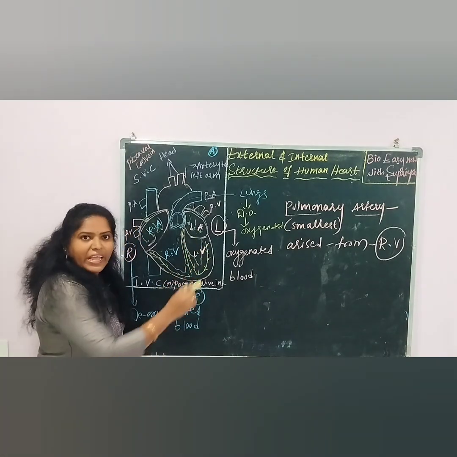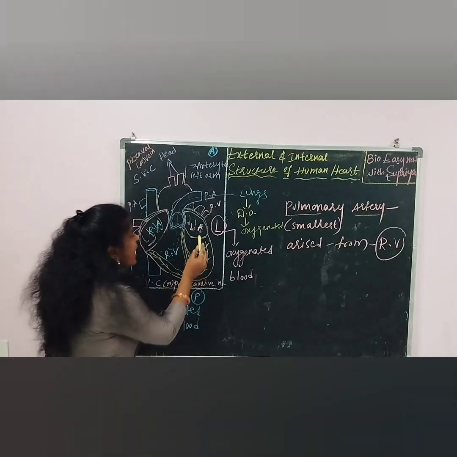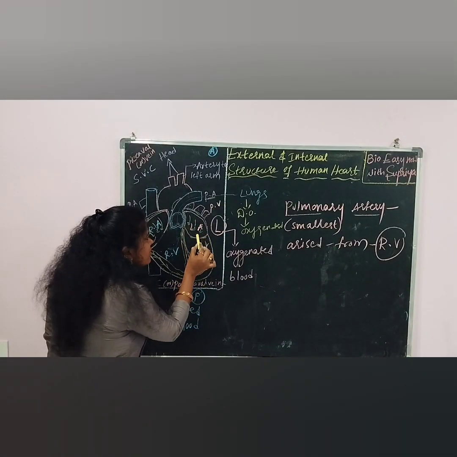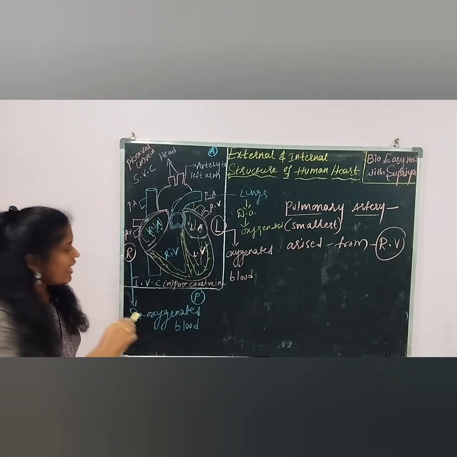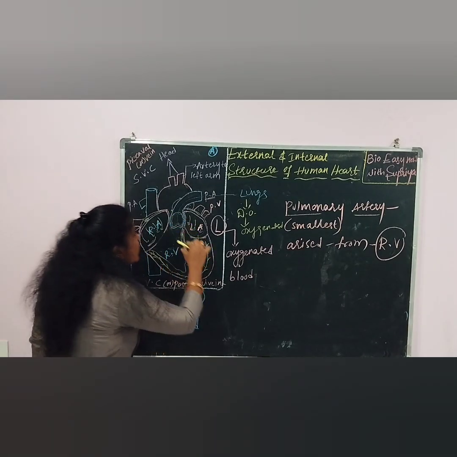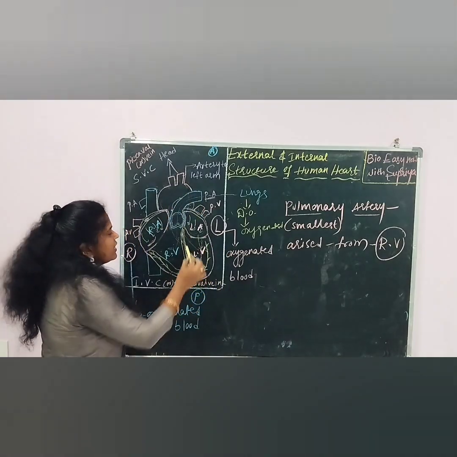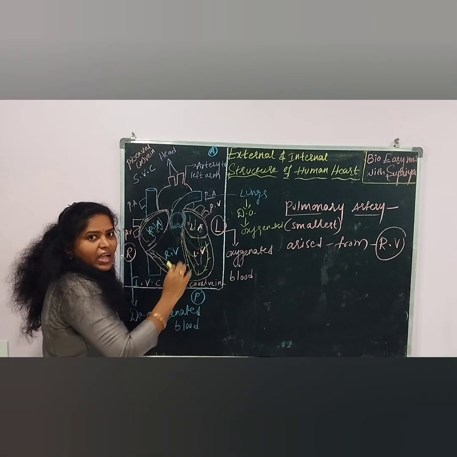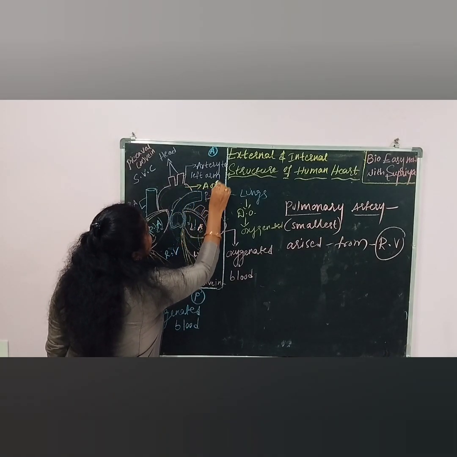The bicuspid valve, also called the mitral valve. Now the oxygenated blood enters the left ventricle, and here one aorta arises, the systemic aorta.